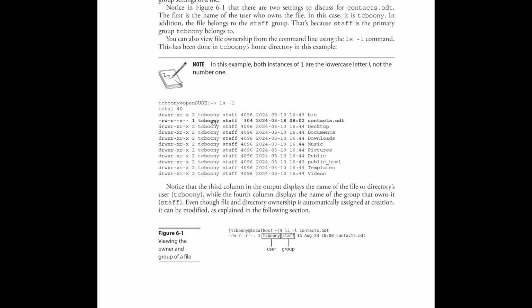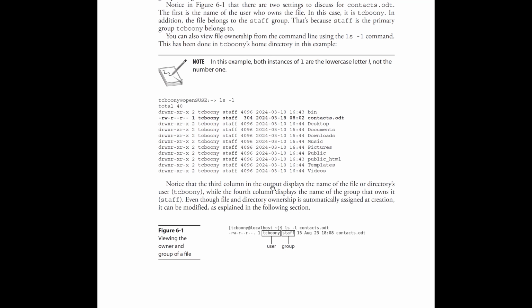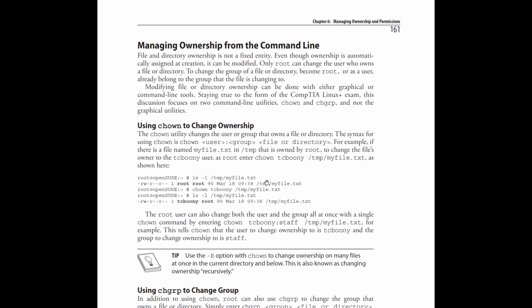Talks about the user, the group, how big the file is in bytes and whatnot, the last time it's been modified, the name of the file. And you should be able to tell the difference between files and directories by that first letter or dash. Pretty basic stuff.